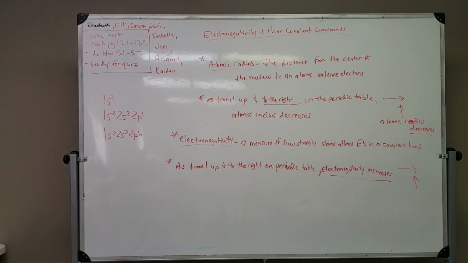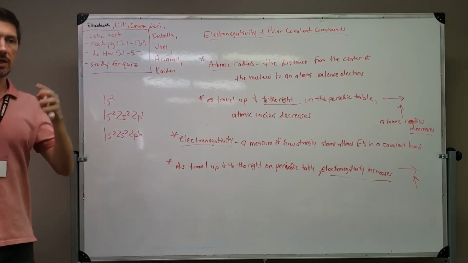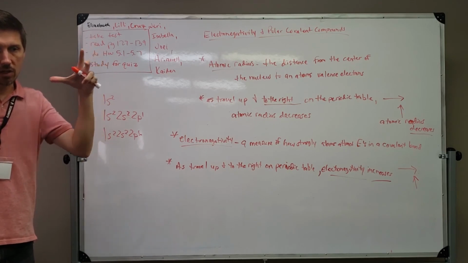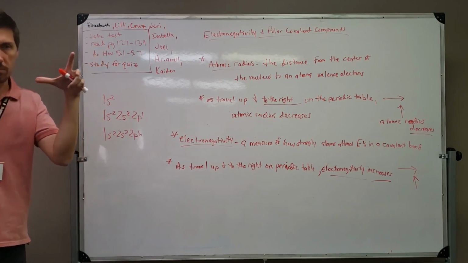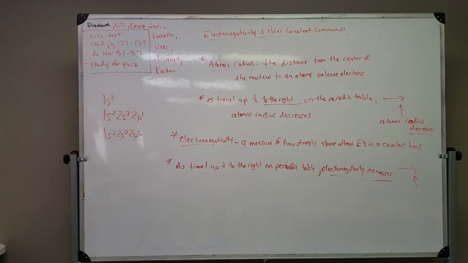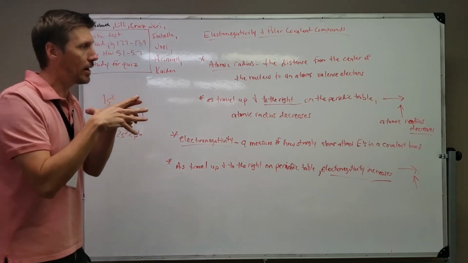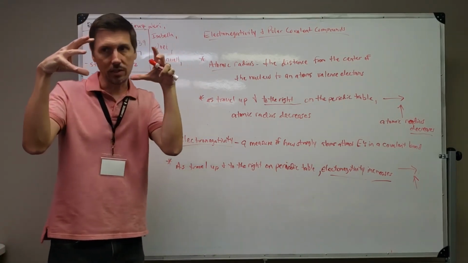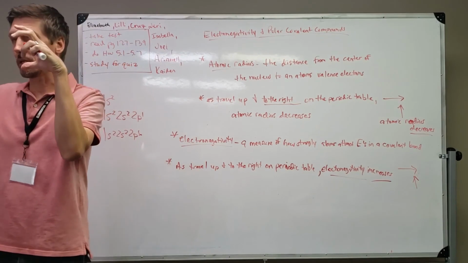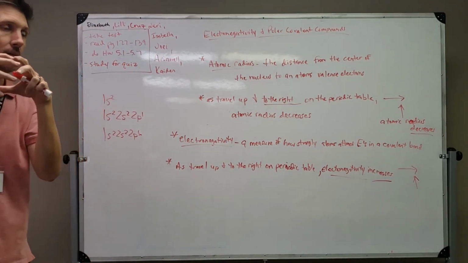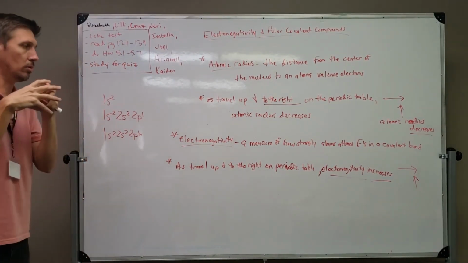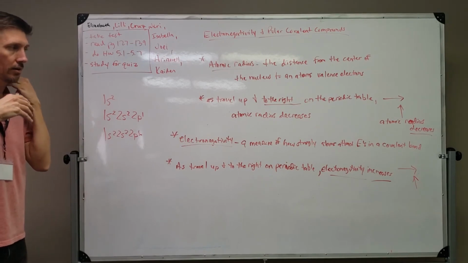Because as the radius decreases, as those outer electrons get closer to the nucleus, the pull on those electrons is stronger, right? And so that's why if atomic radius decreases, if the atom becomes more compact, then it's going to have a stronger pull on any electrons that are shared.